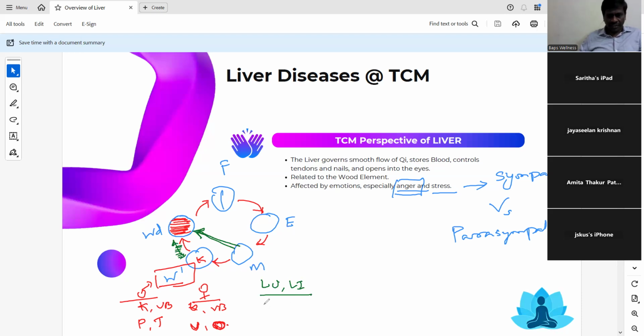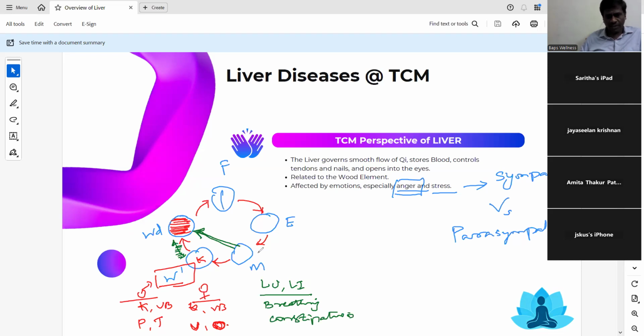The breathing difficulty, shallow breathing, constipation, stomach bloating, mainly because the apana vayu pushes upward the rebellious chi of the liver, which flares up and disturbs the function of the lung.